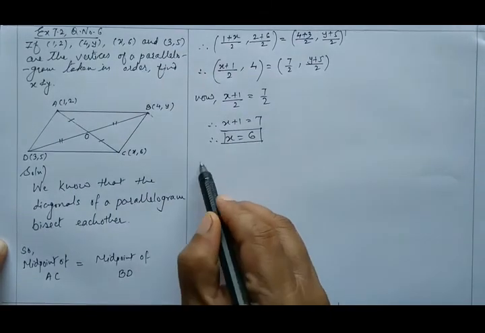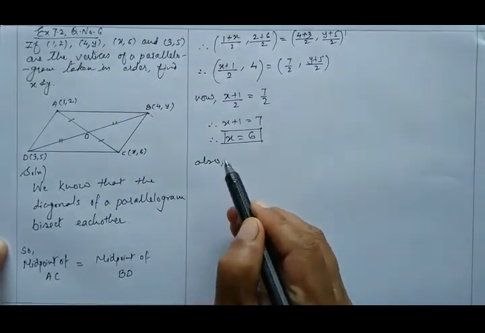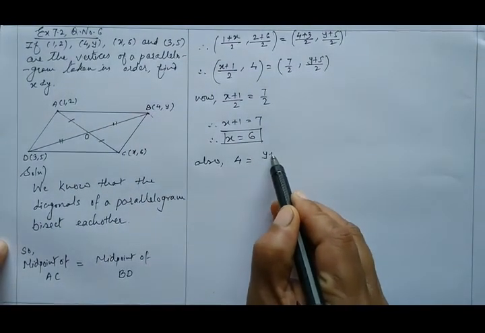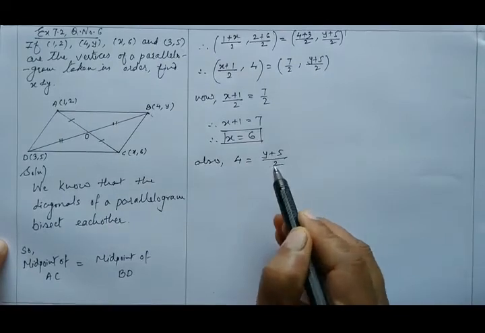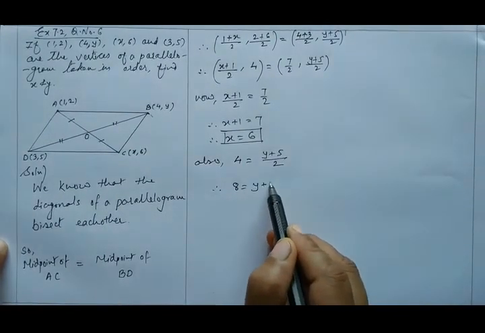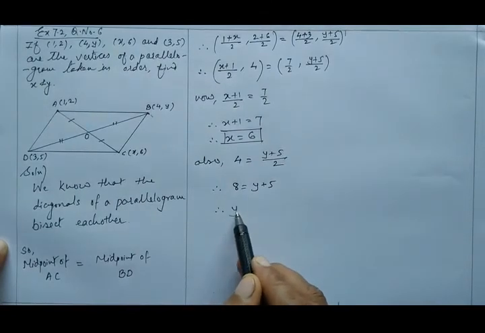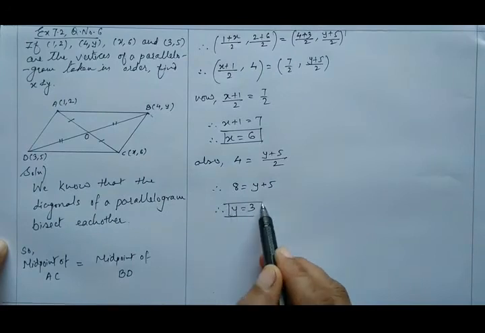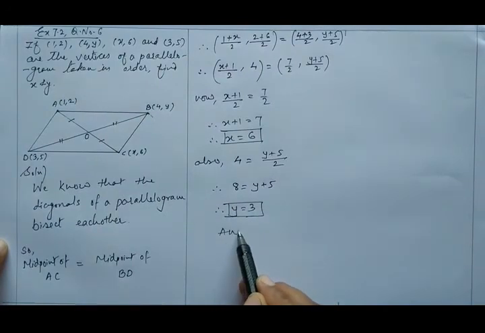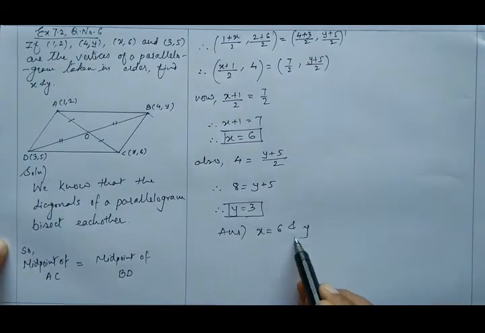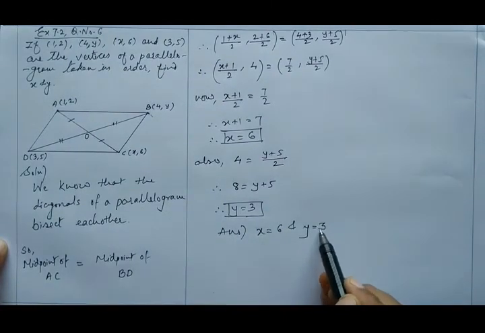Also 4 is equal to (y + 5) by 2. Therefore 8 is equal to y + 5, and y is equal to 8 minus 5, so 3. So the answer: x is equal to 6 and y is equal to 3.